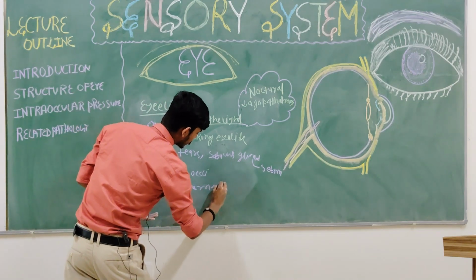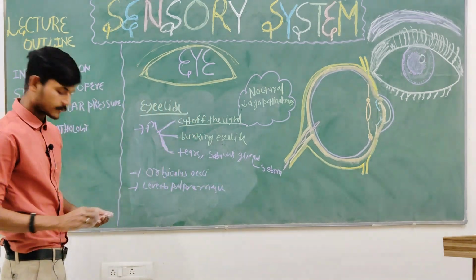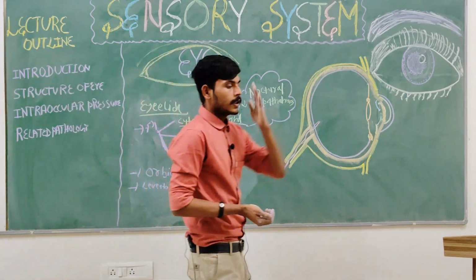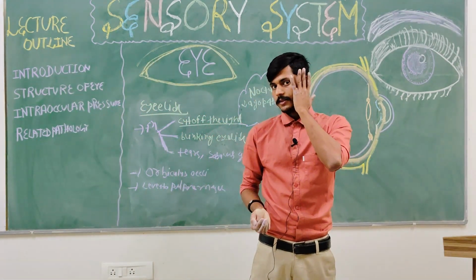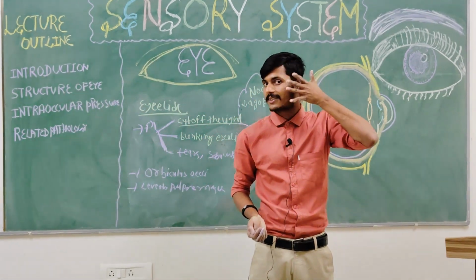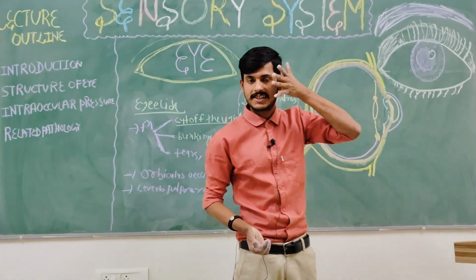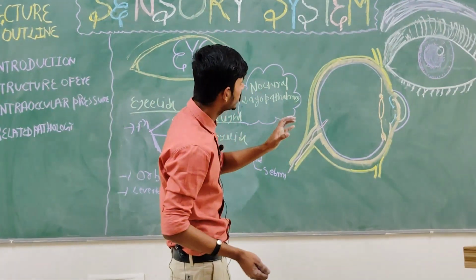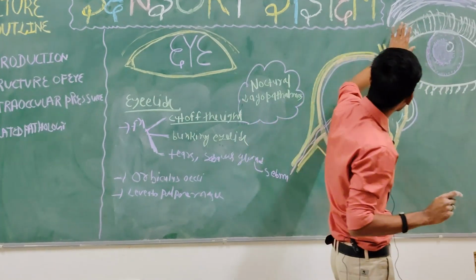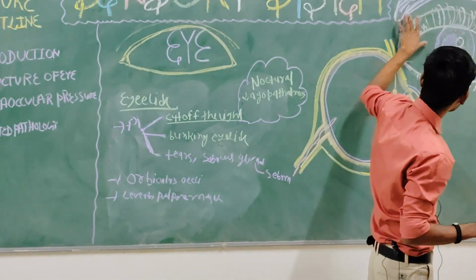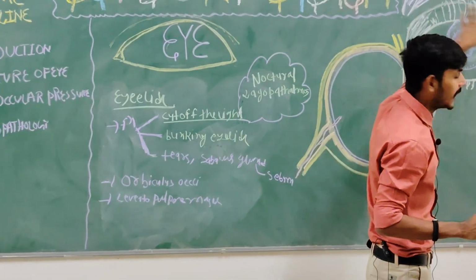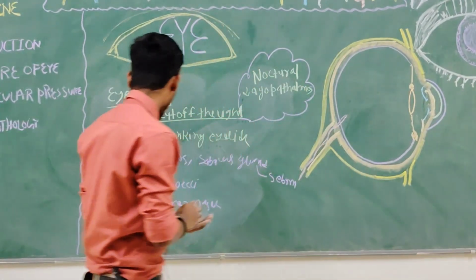Now you know that our face, this area, is supplied by the facial nerve. So the facial nerve, which is the seventh cranial nerve, also supplies the eyelid. Seventh cranial nerve. Write down.